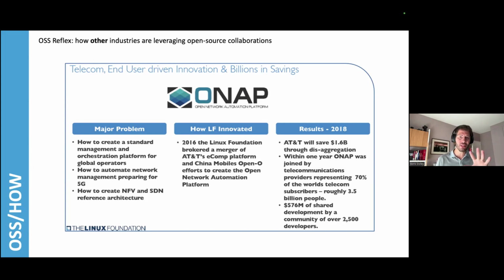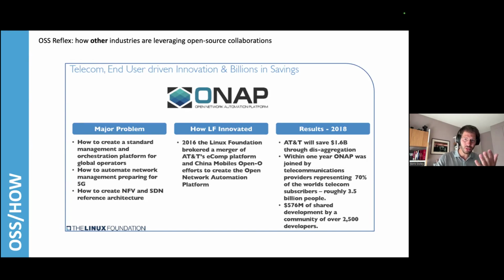So the ONAP project is something you should look at if you're interested in transposing what happens in telecommunications to energy. I won't make the demonstration, I don't have the time, but it was very inspirational for us in 2018, when we went to San Francisco with a few fellows to discover what open source is in a real challenging vertical industry.